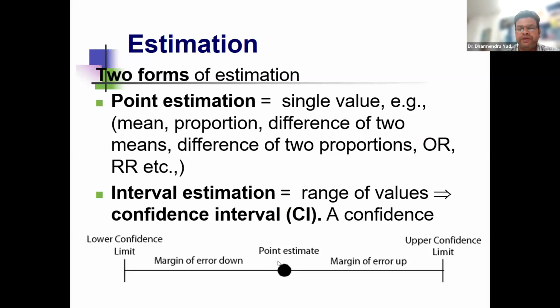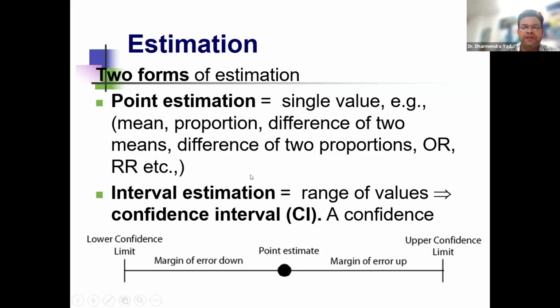This is our point estimate, the exact value if you are providing the point estimate. This is the lower limit of the confidence interval, and this is the upper confidence limit, right? So this is the margin of error: the difference between the exact value of the estimate and the upper and lower confidence limits. The lesser the margin of error, the better our confidence interval.